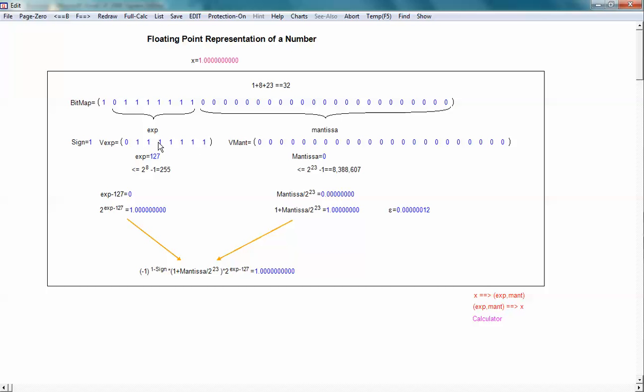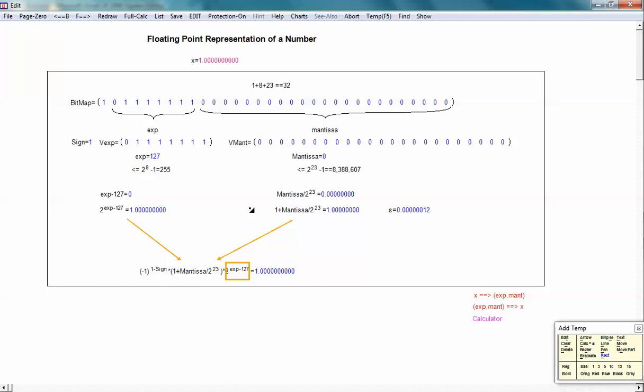What it does with that is it subtracts 127 from it, and in this case this binary number translates into 127, and so then x minus 127 is 0. So in that case, 2 to the x minus 127 is 1. In other words, this multiplier down here is just 1.